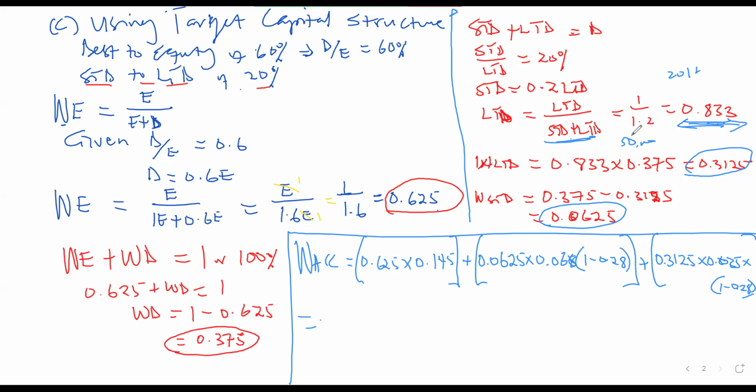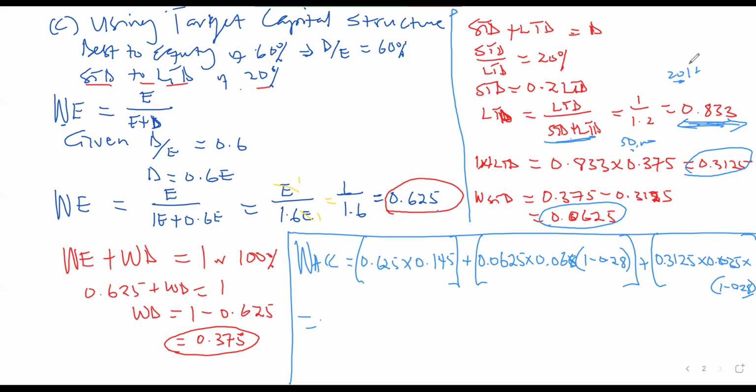What we did here to arrive at 0.833 was 20,000 over 50,000. So now if I want the 20,000, I have to multiply 0.833 by 50,000 to get the 20,000. It's already been divided, so it has to now be multiplied. Exactly.